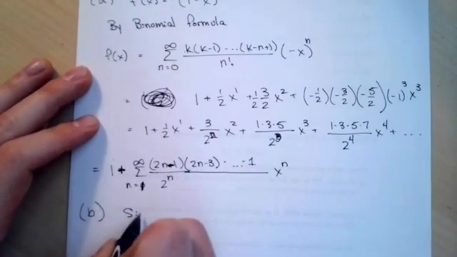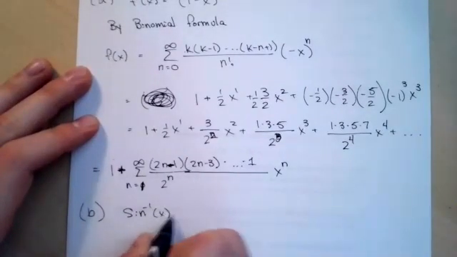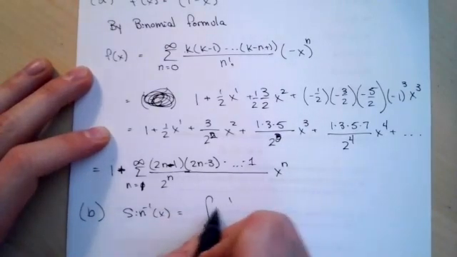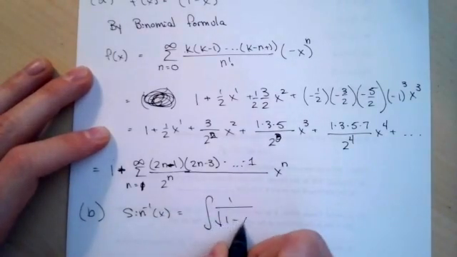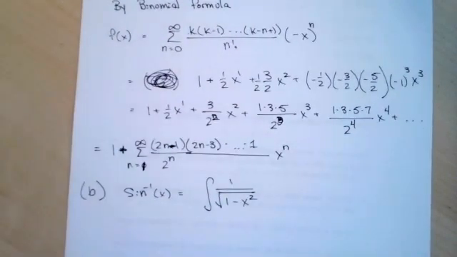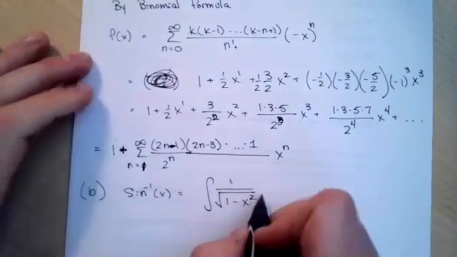So we should note that arcsine of x is the antiderivative of 1 over square root of 1 minus x squared dx.